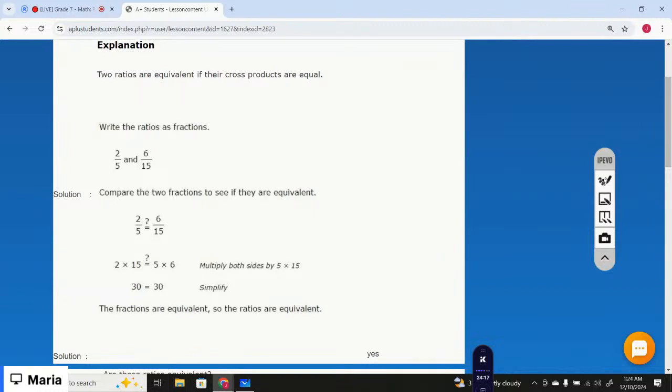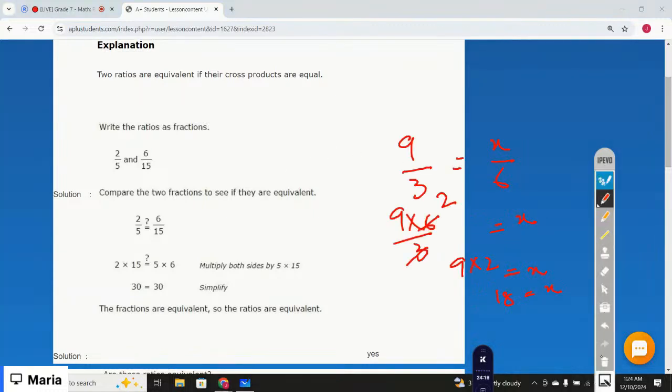So how do we see if the ratios are equivalent? They are 2 by 5 and 6 by 12, right? To see if they are equivalent, you need to cross multiply them. Cross multiply means you multiply the numerator of this fraction by the denominator of this one, and the numerator of this one by the denominator of the other, right? You have to do 2 times 12 equals 5 times 6. If both sides are exactly equal, that means they are equivalent. Got it?